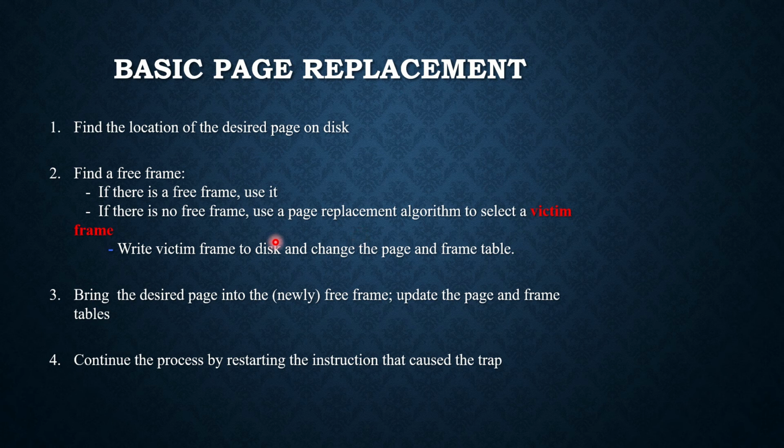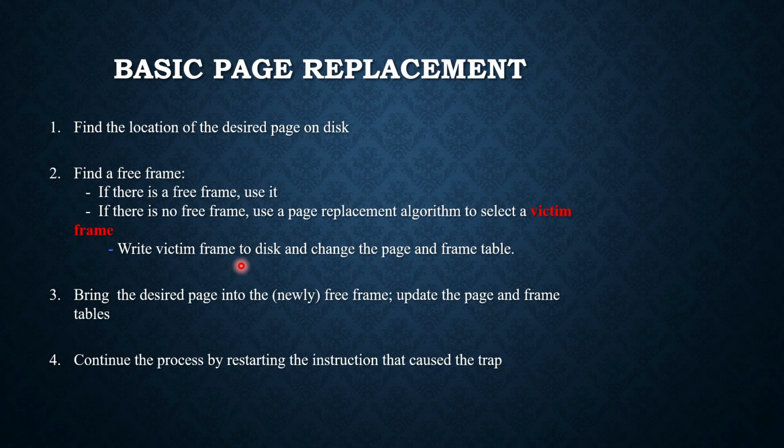That victim frame will be written back to the disk, and the page table will be changed. Previously the victim frame was in the memory, so its bit was valid. If it is copied back to the disk, the victim frame will be rewritten as invalid because currently it is not there in the memory.